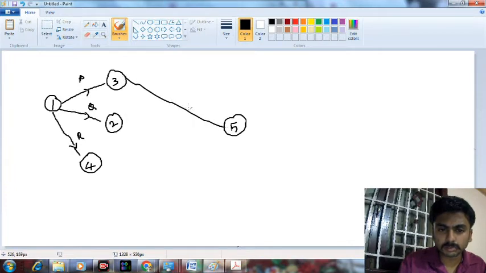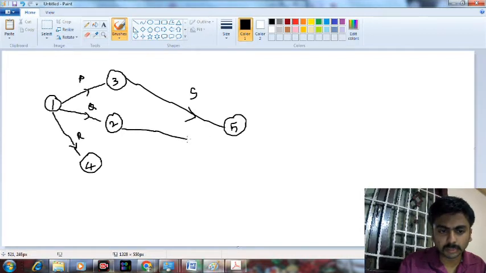Now P is the predecessor of S, and Q is also the predecessor of S.